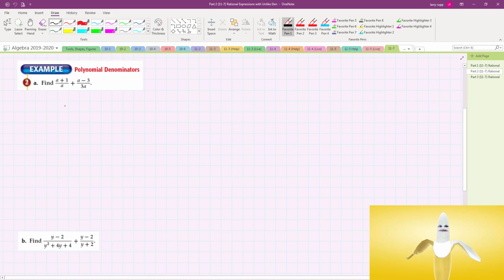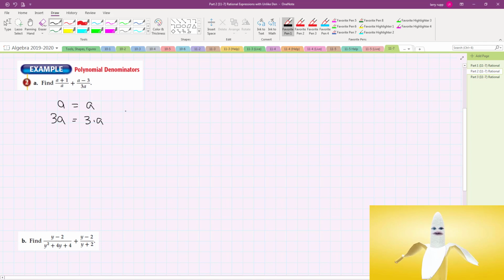It says, find this sum, a plus 1 over a plus a minus 3 over 3a. The first thing that we need to do is factor a and 3a to find the LCM. Well, this is pretty trivial. a factors to a, and 3a factors to 3 times a.